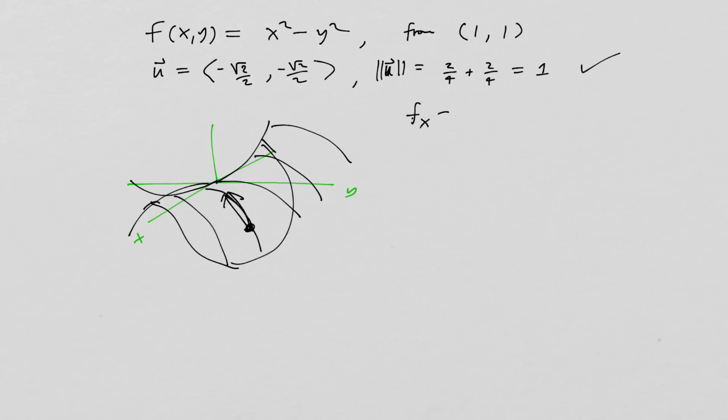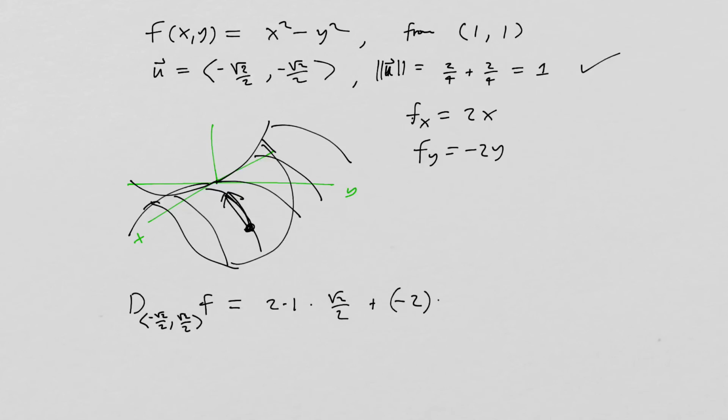Okay, so let's compute this. Of course, fx is going to be equal to 2x. fy is going to be equal to negative 2y. Okay, all right. And now all we have to do is just plug in the values. So the directional derivative of f in the direction (negative root 2 over 2, root 2 over 2) is going to equal 2 times 1 times root 2 over 2 plus minus 2, oh, sorry, this is minus there, times root 2 over 2 in the minus direction there.